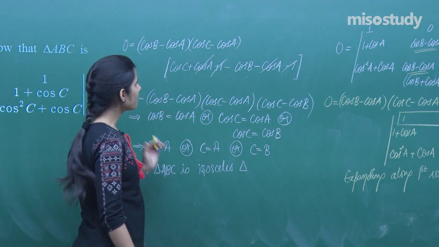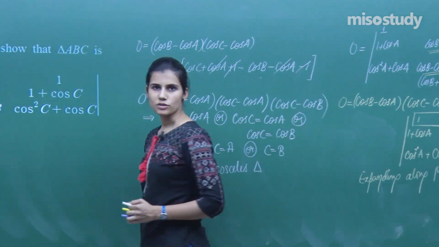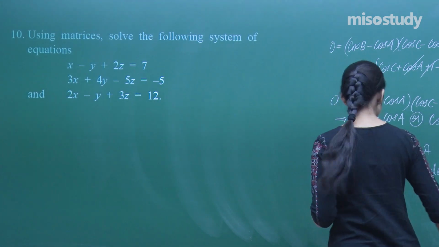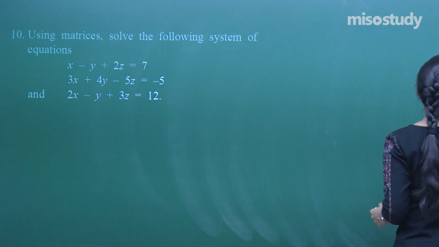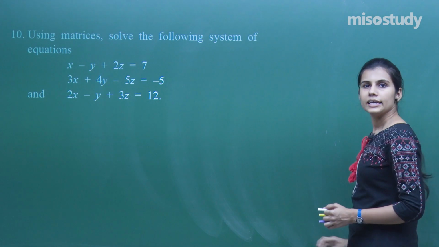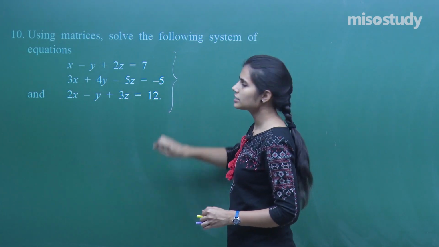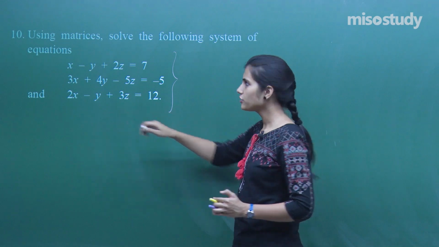Is it clear? That's how you compute the answer of the triangle being an isosceles triangle. Moving to the next question: using matrices, solve the following system of equations. In here, if you try to see, this is the system. You know how to decode the system and convert it into matrix format. From here we will be extracting the coefficient matrix.